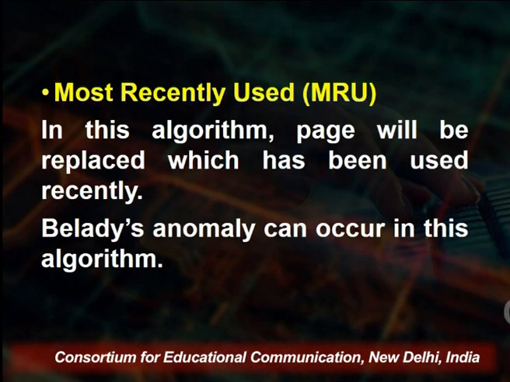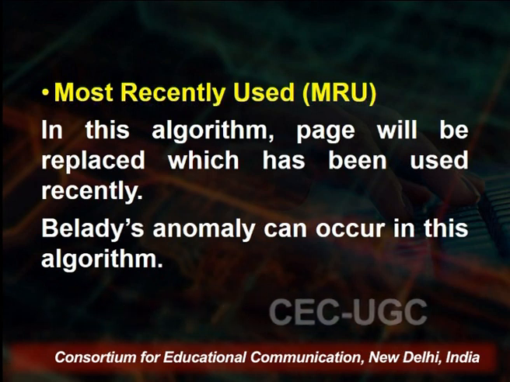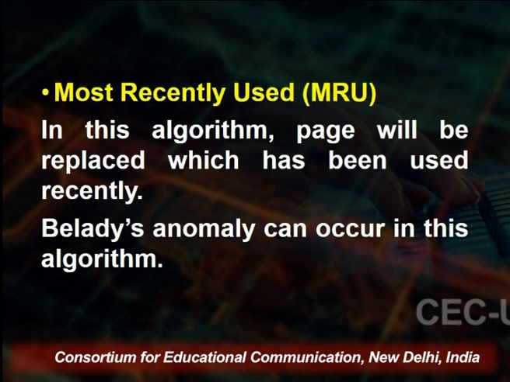Another algorithm is the most recently used algorithm. The short form is MRU, most recently used. In this algorithm, the page which has been used recently will be replaced, taken out.